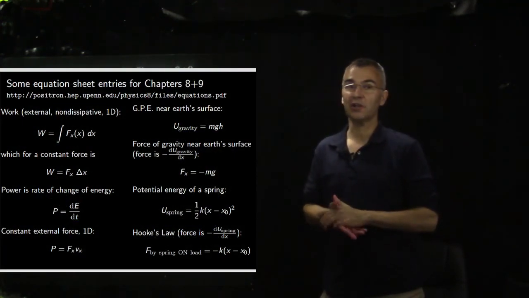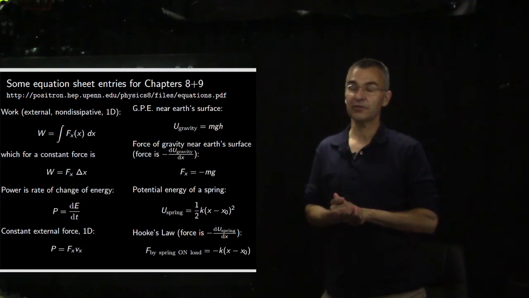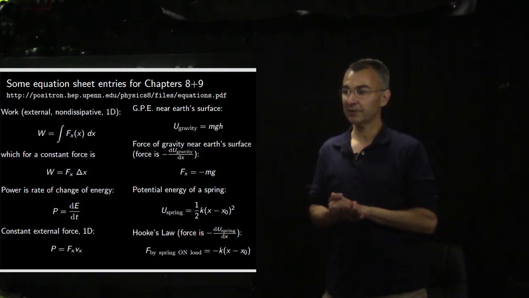So there are a lot of new quantitative results in chapters 8 and 9 about springs, about gravity, about work, about potential energy, about power. We have both the force and the potential energy associated with gravity and associated with springs. We have power being the rate of change of energy. We also have power being force times velocity.